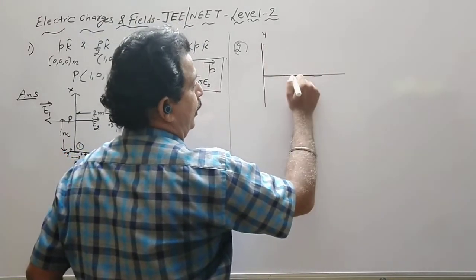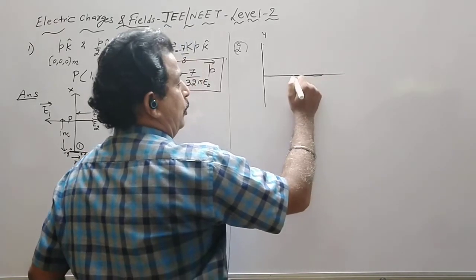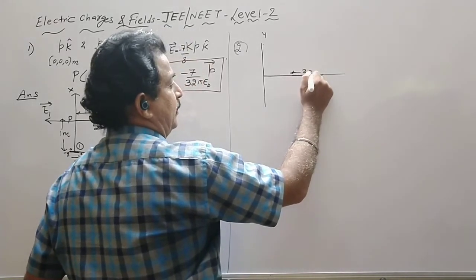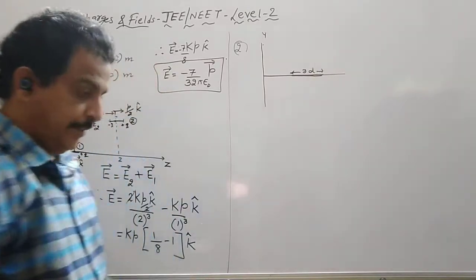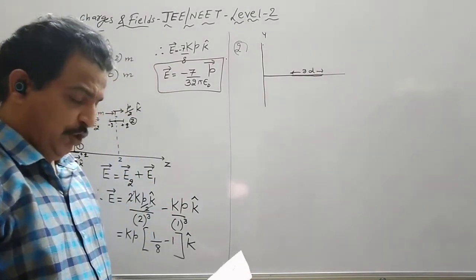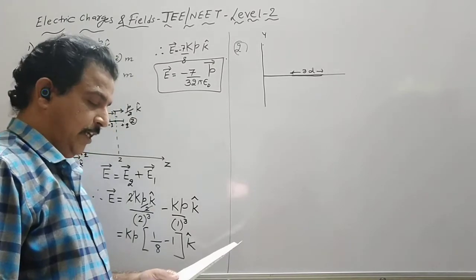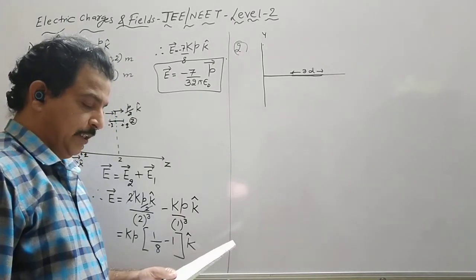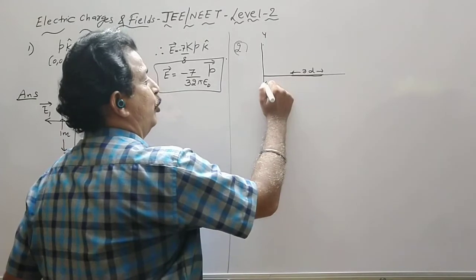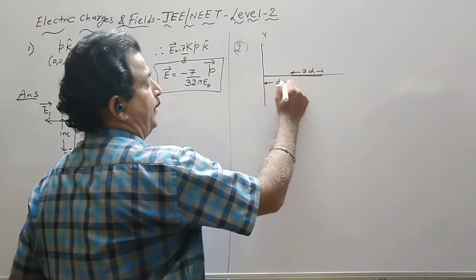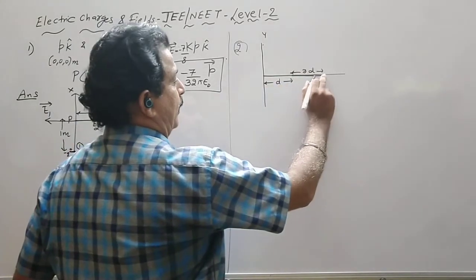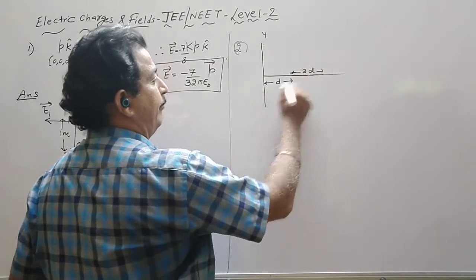We have a rod whose length is 3d, and the rod extends from x equals d to x equals 4d. So this is d, and the rod extends up to 4d.